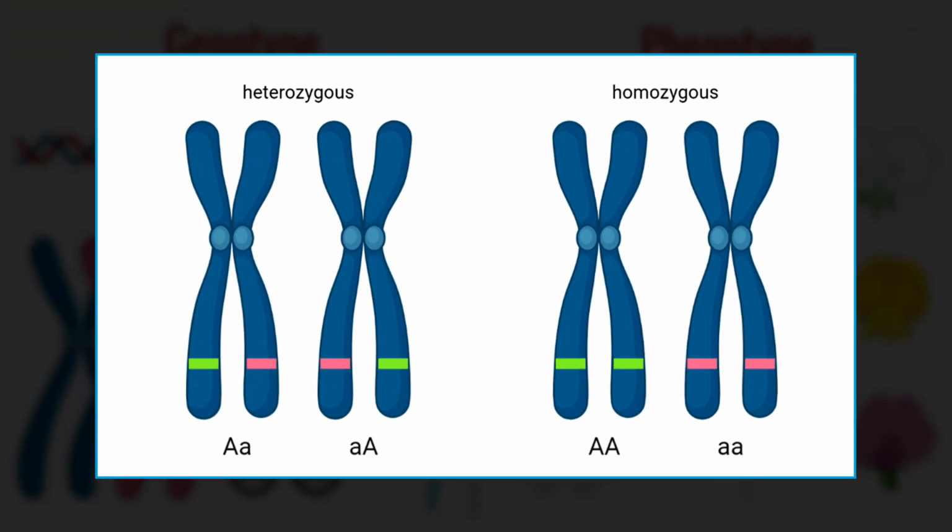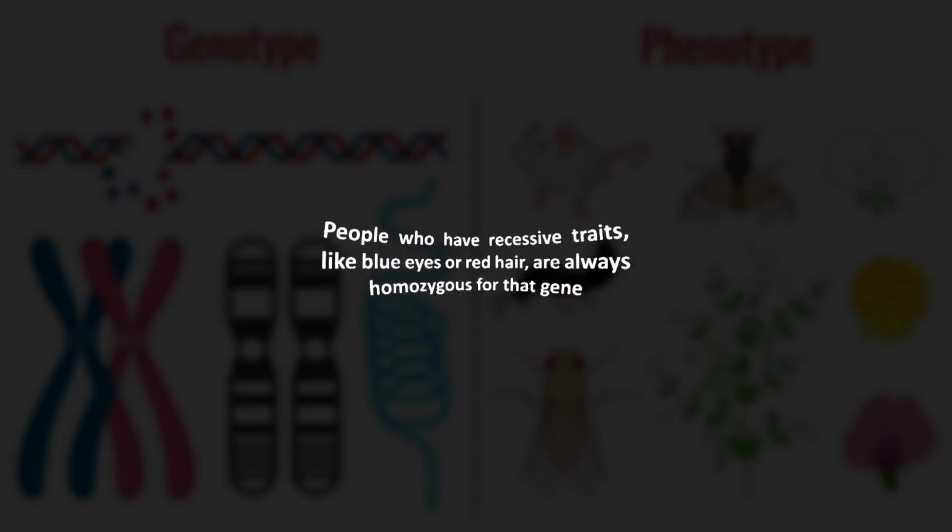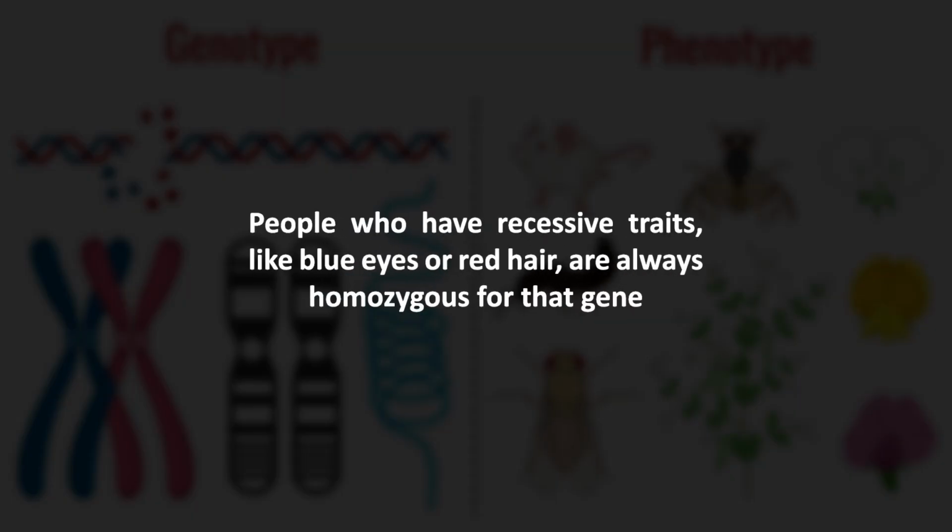So, homozygous and heterozygous are terms that are used to describe allele pairs. Being homozygous for a particular gene means you inherited two identical versions. It's the opposite of a heterozygous genotype, where the alleles are different. People who have recessive traits like blue eyes or red hair are always homozygous for that gene.